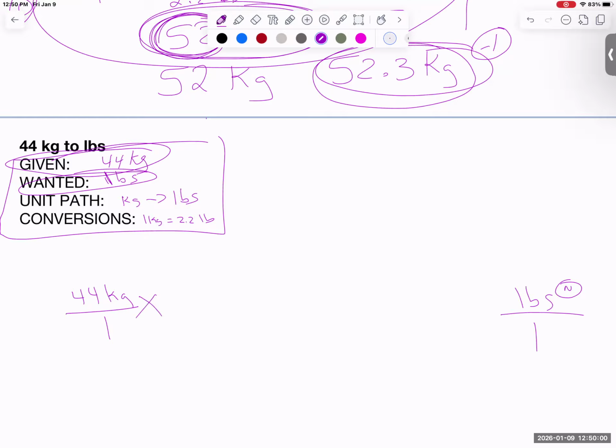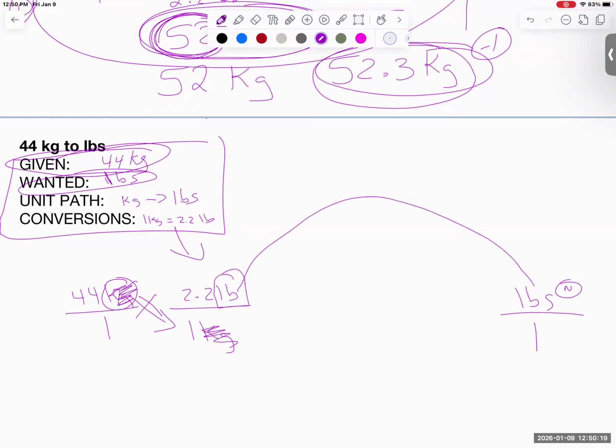So that means I got to get rid of kilogram. How am I going to get rid of kilogram? I'm going to put my conversion in there, and I'm going to set it up so the kilogram is diagonal. So 1 kilogram is 2.2 pounds. I cross off my kilograms, and now I'm left with the only unit of measure, pounds, in the numerator.